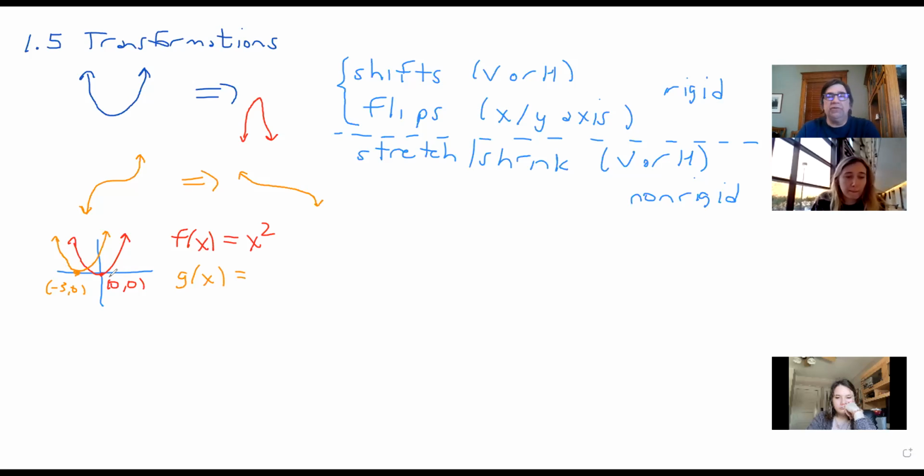The outputs actually don't change at all. Your range doesn't change. You still have 0 as the input, 0 as the output here. But notice that 0 is the output for -3 in the shifted graph. It is the output for 0 in the original graph. So if you're doing something to x before you square the function, that's a horizontal shift.